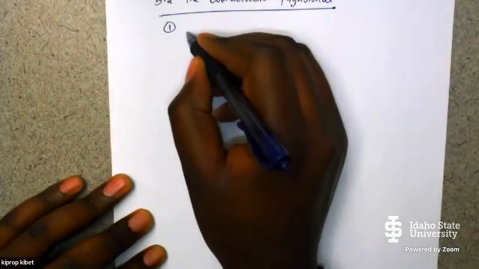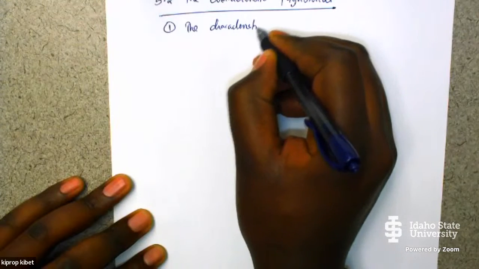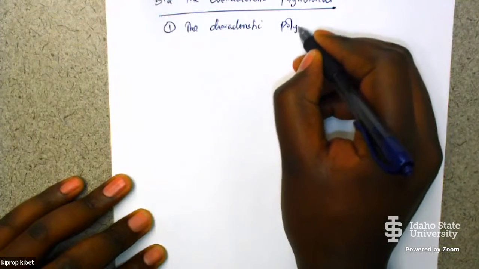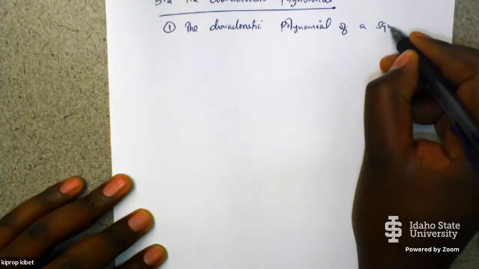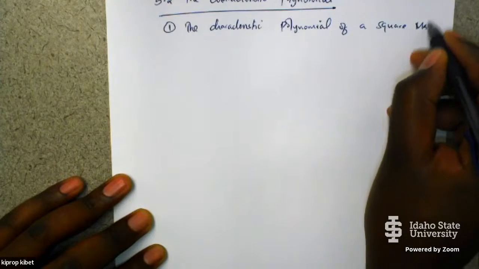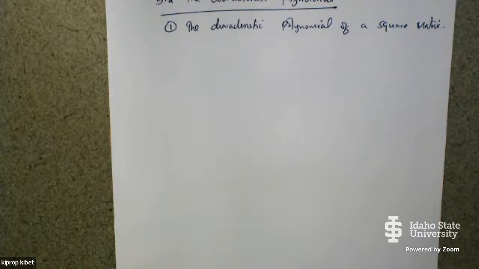So we will start from the characteristic polynomial of a square matrix.